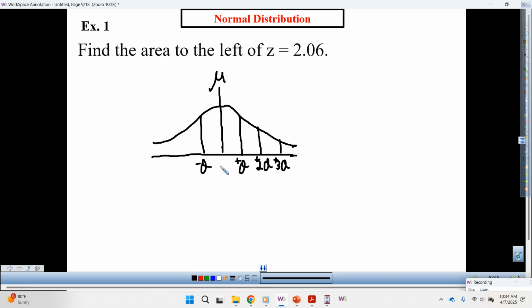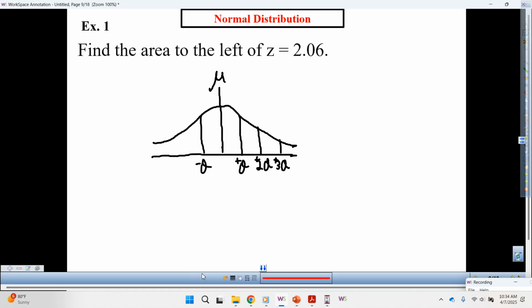All right, where's 2.06? Show your neighbor where 2.06 would be, our Z-score. First, let's just sketch it to see where it's at. All right, help me out. Let's go with Cole.